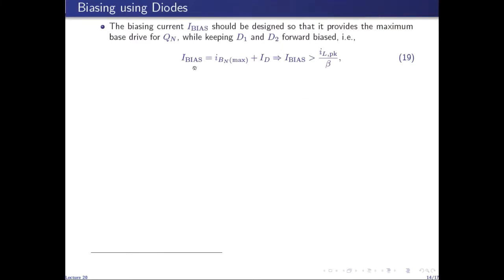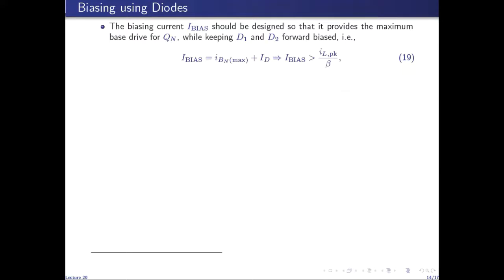So this means that I bias should be equal to the maximum base drive of Qn plus the diode current required to keep the diodes forward biased, which in turn means that I bias should be greater than IL peak over beta, because IL peak will be the maximum emitter current, which is approximately equal to the maximum collector current.